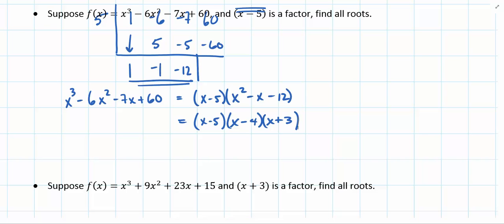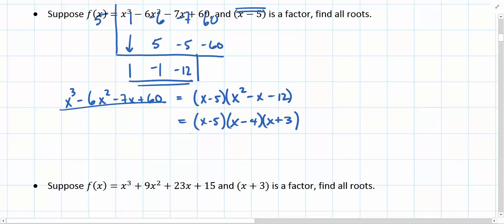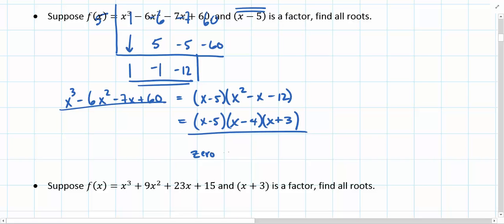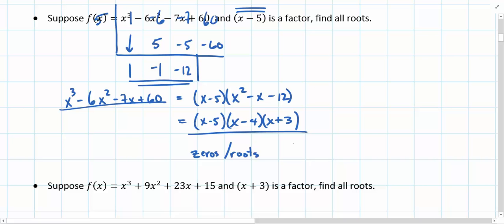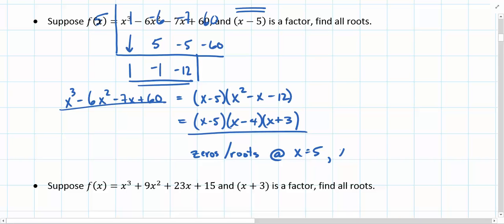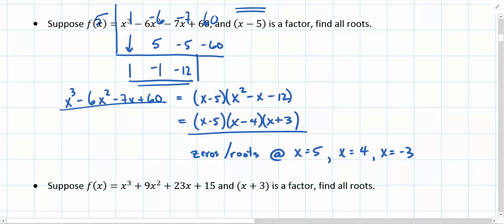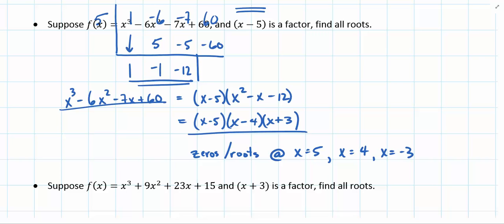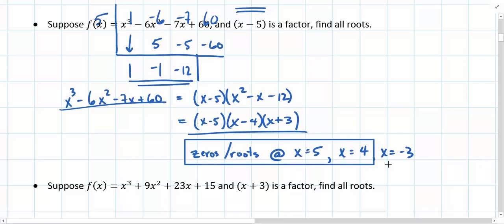And again, it's really nice once we have this original polynomial written in what we call factored form, because each of these factors represent zeros of the polynomial. Zeros or roots. They mean the same thing. So the zeros or roots of this polynomial occur at x equals 5, x equals 4, and x equals -3. And we are finished with this problem.